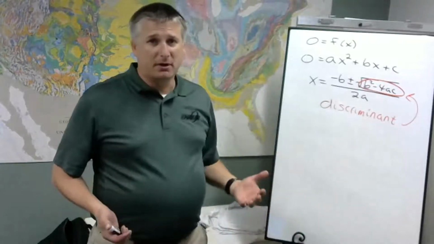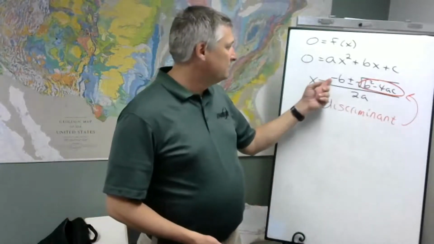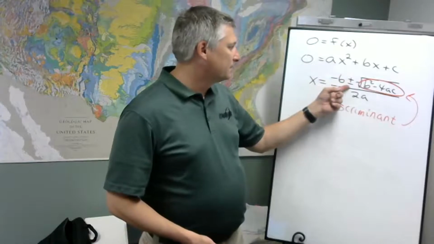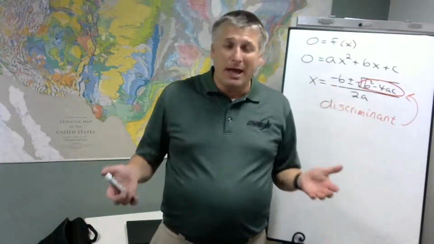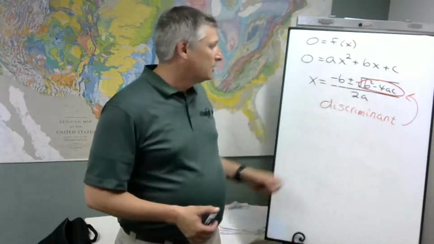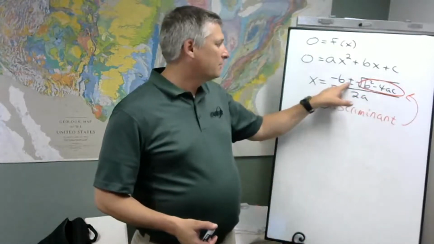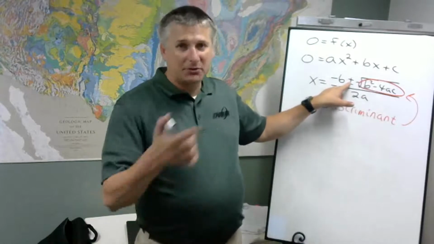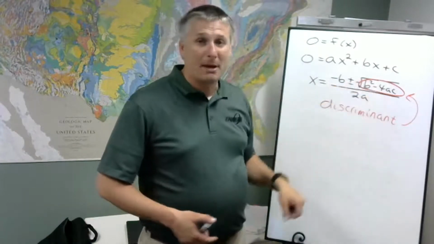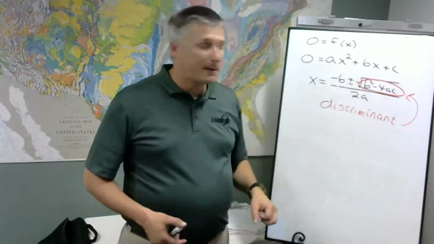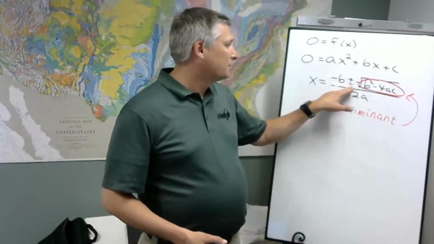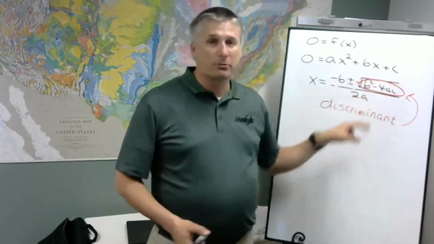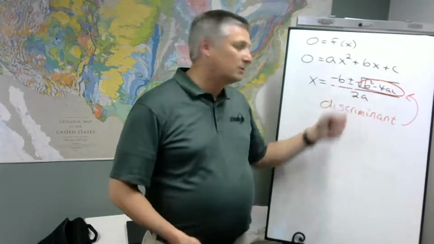Now, if it's a positive number, you get negative b plus or minus some positive number. And this is where you get the 2 x-intercepts. You get an intercept for the plus, negative b plus whatever the square root came out to, divided by 2a. The other one will be negative b minus whatever the square root came out to, divided by 2a.